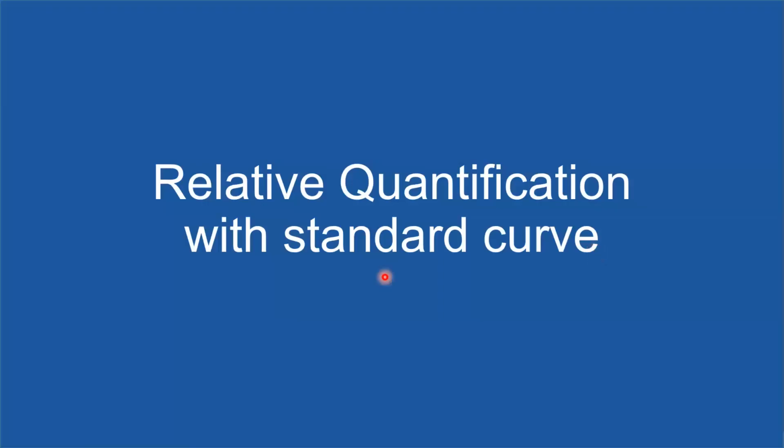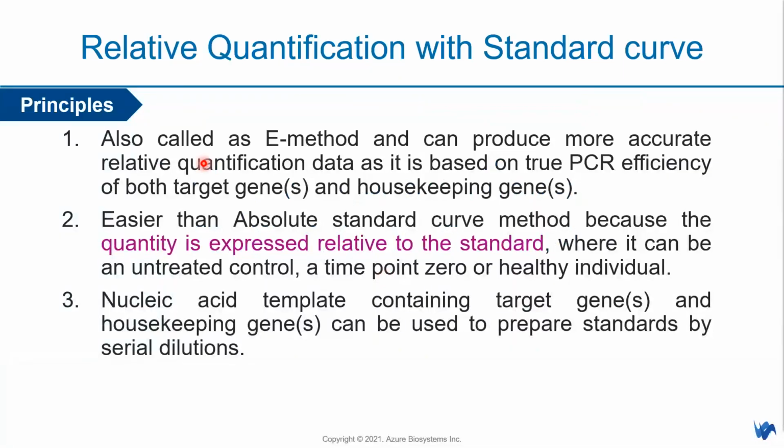Let us go through the first one, relative quantification with standard curve. This method, also called the E method, can produce more accurate relative quantification data as it is based on the true PCR efficiency for both your target gene and housekeeping gene.